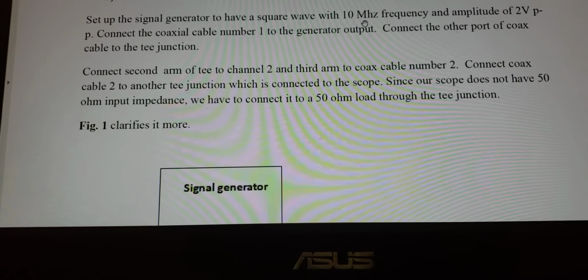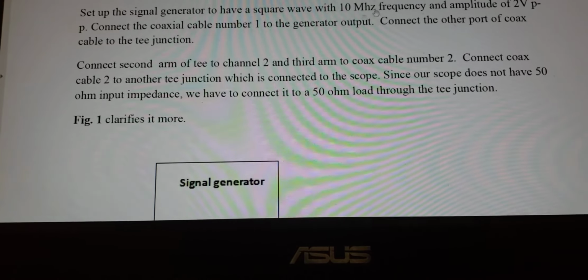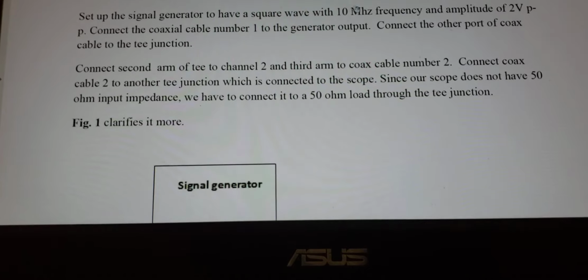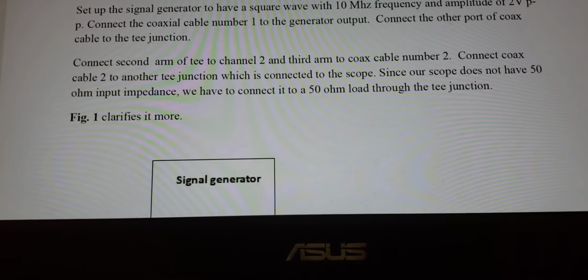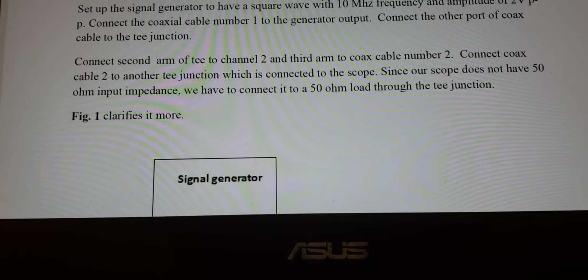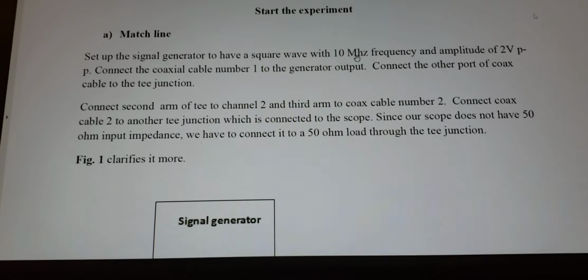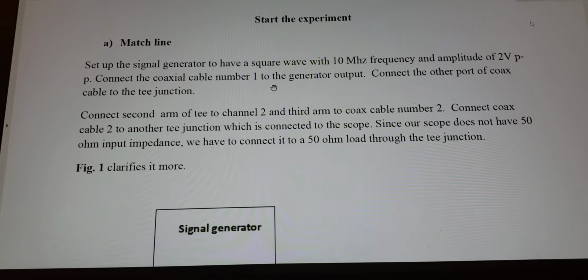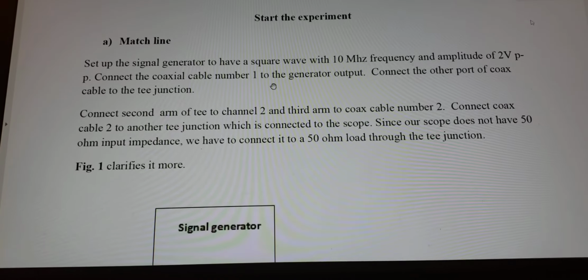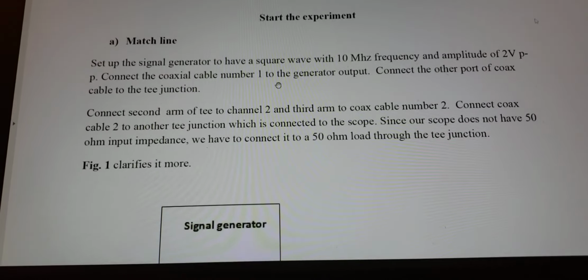We will see it in the video. I think 1 megahertz, yes. So we will use that frequency. No, sorry, not this one. This one, okay, we have 10 megahertz and 2 volt peak to peak, and I show you that in the video, if you watch the video, the function generator.